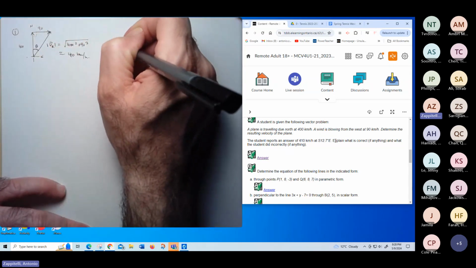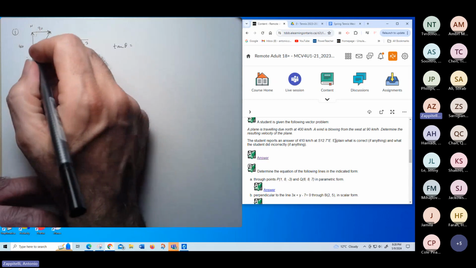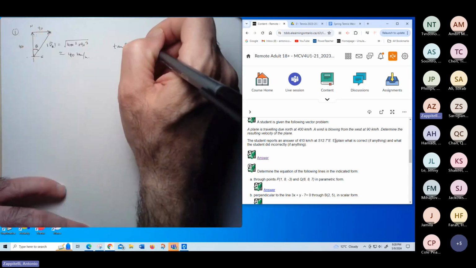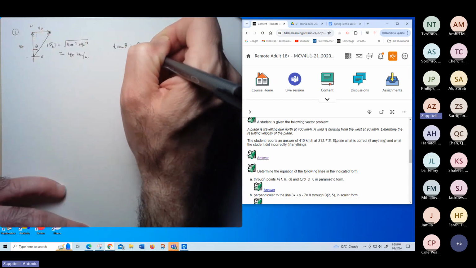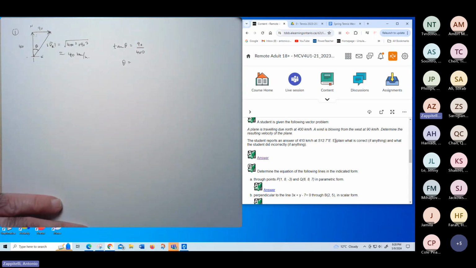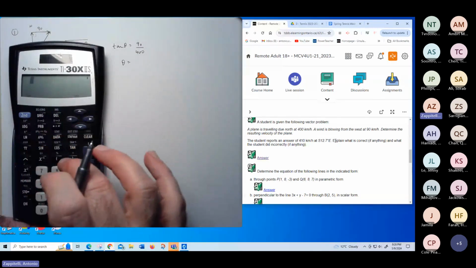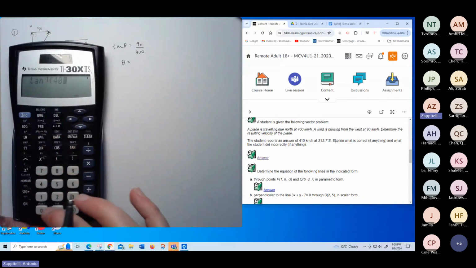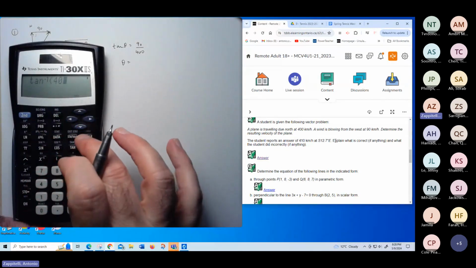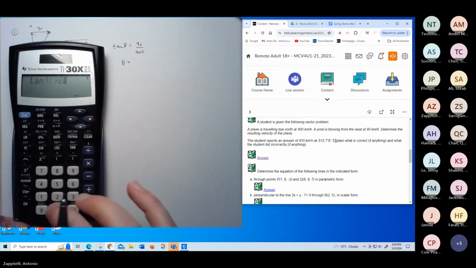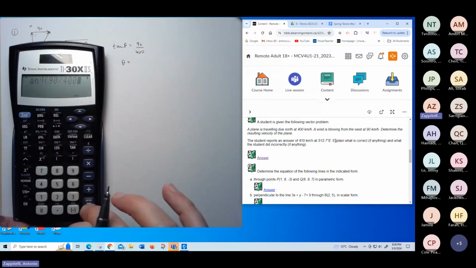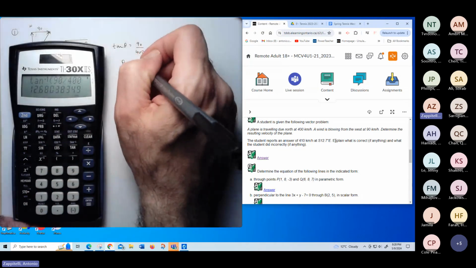So tan of theta is equal to opposite over adjacent, so 90 over 400. So theta is just going to be inverse tan of 90 divided by 400. And it looks like that's about 12.7.